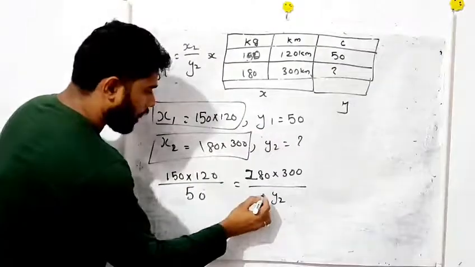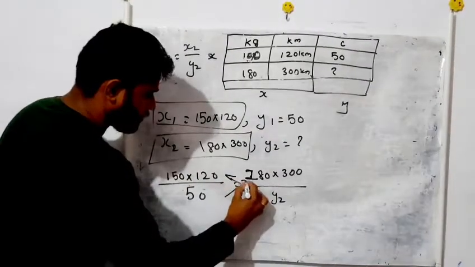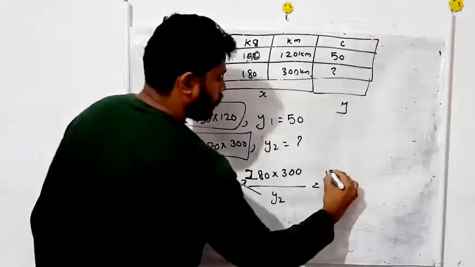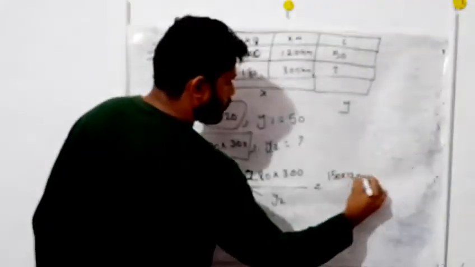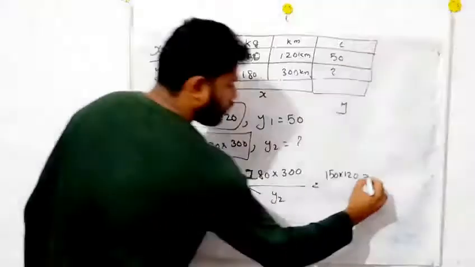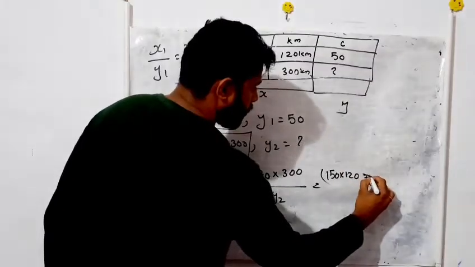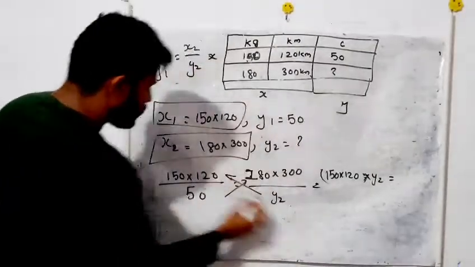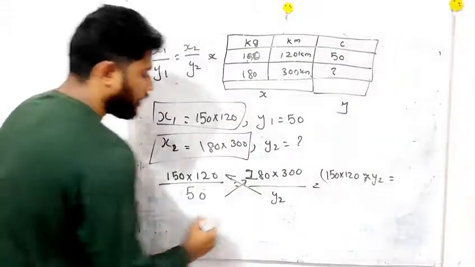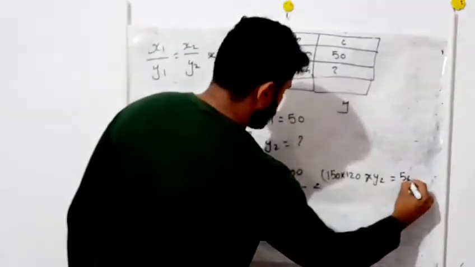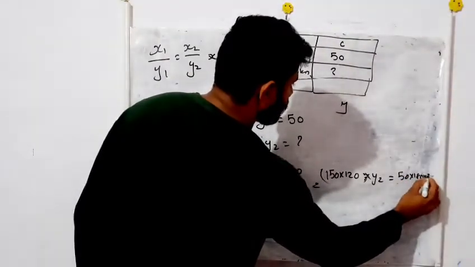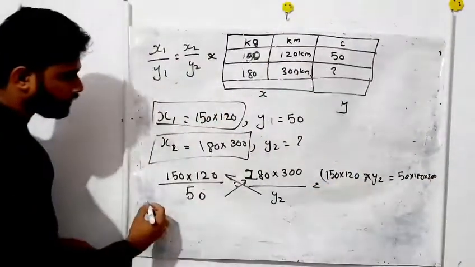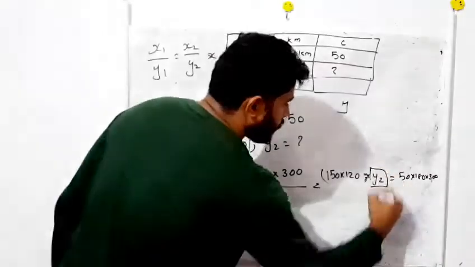Clear? Now cross multiplication. 150 into 120 into y2 is equal to 50 into 180 into 300. Then this y2 I am keeping here.